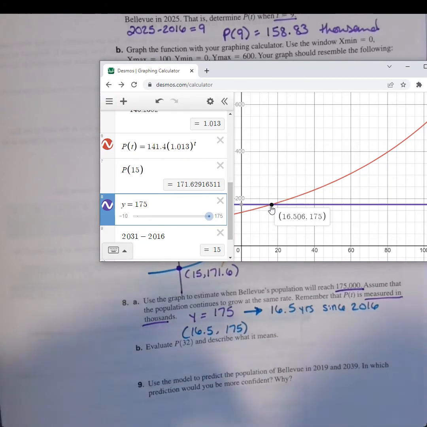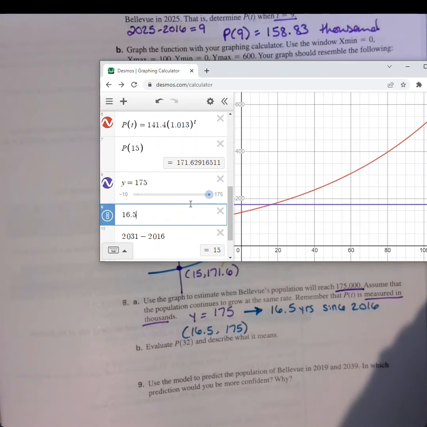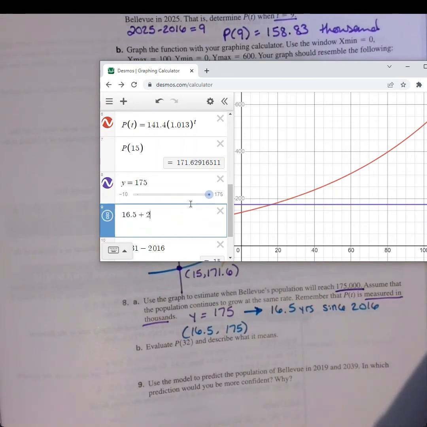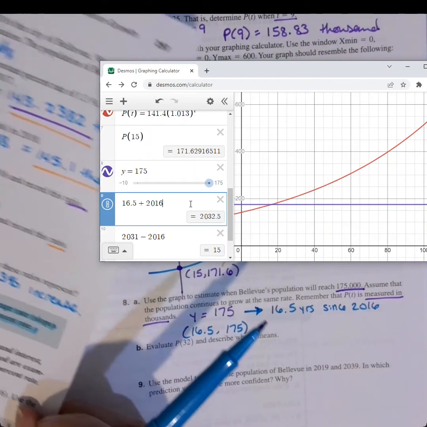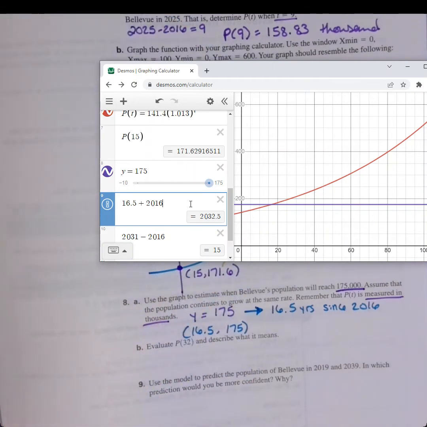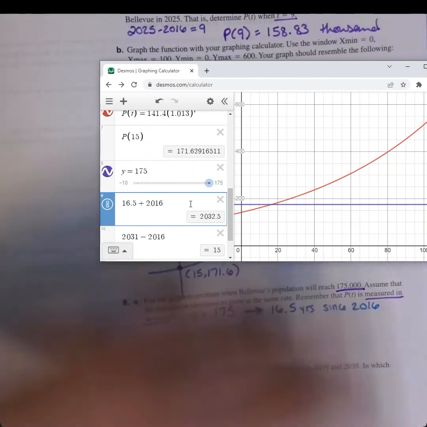I want to actually add it on, but I wrote it down first so I know what to add on. So I'm going to take the 16.5 plus the starting year, which was 2016, and we'll say in 2032 and a half. So we'll round that to the nearest year and go ahead with 2033.